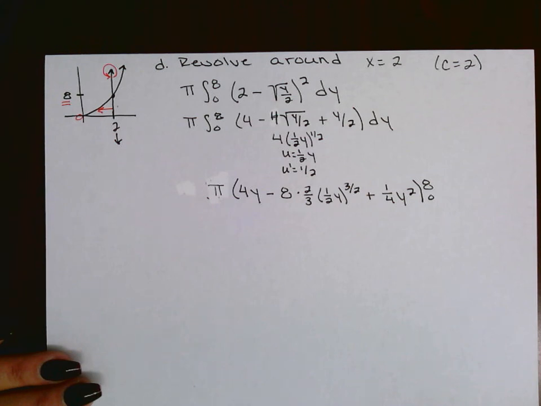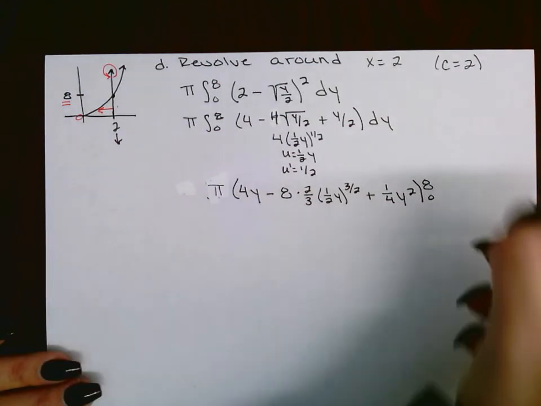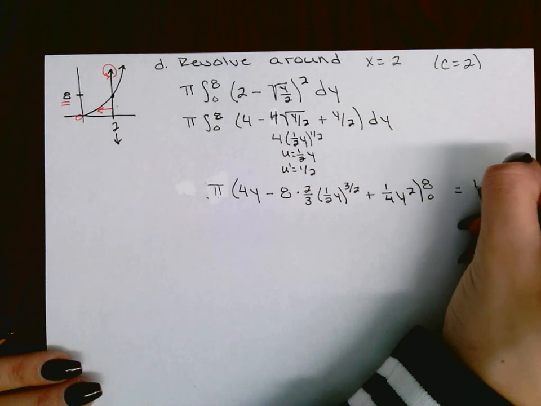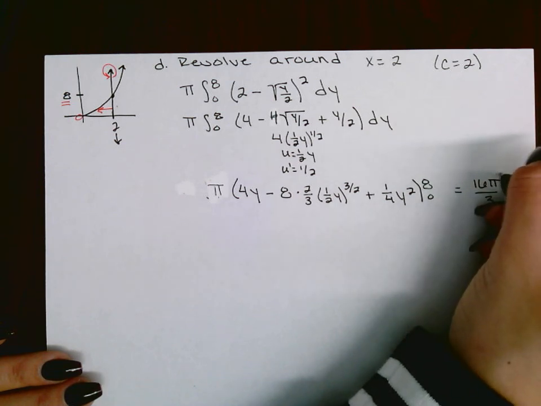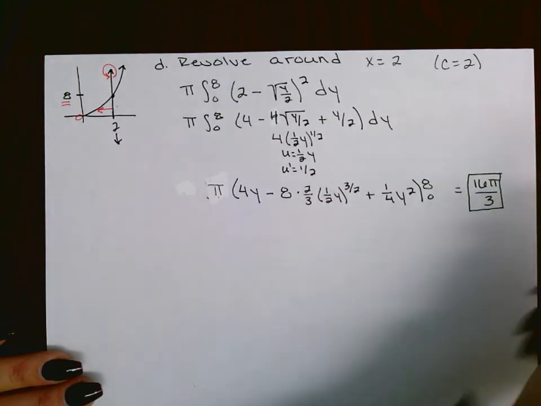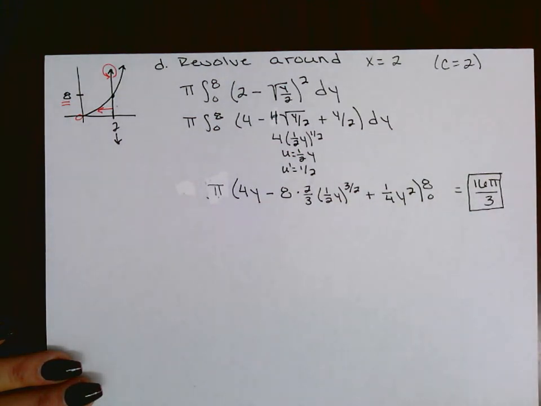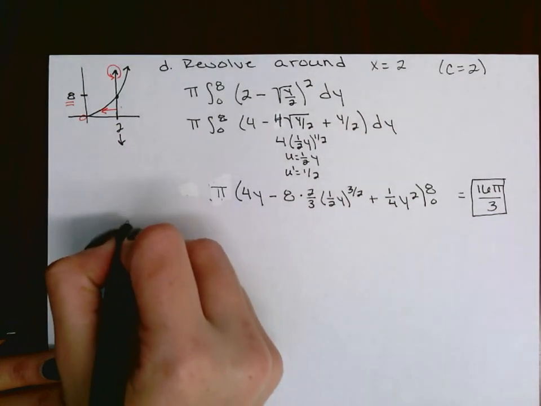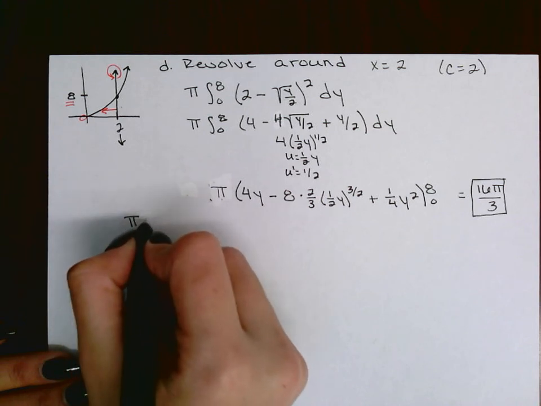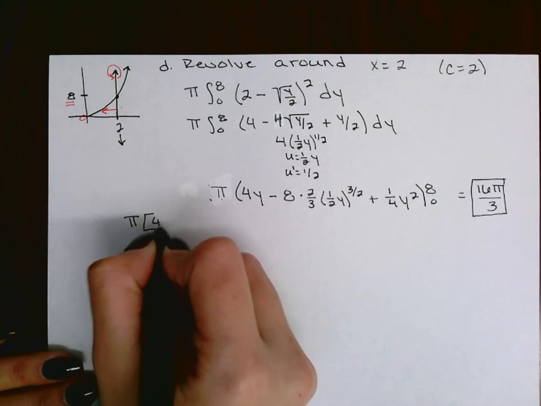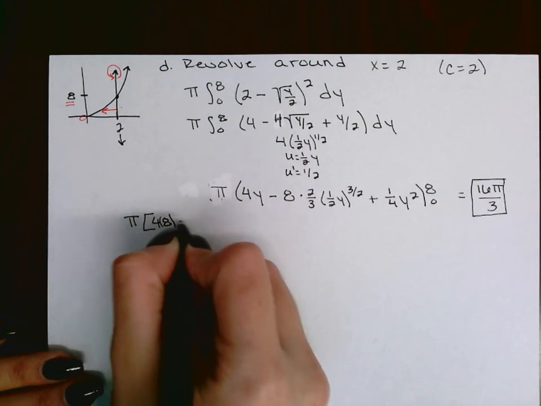I'm going to have you stop here. If you put it in your calculator, it should give you 16 pi over 3. They would never, on the AP test, have you waste time with so much arithmetic. Technically, if we have to go one more step, because they do give you credit after the f of b minus f of a, we'd say 4 times 8.